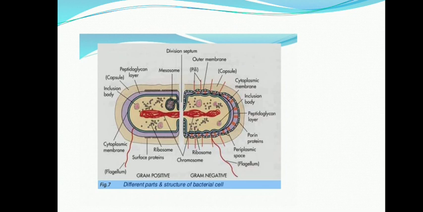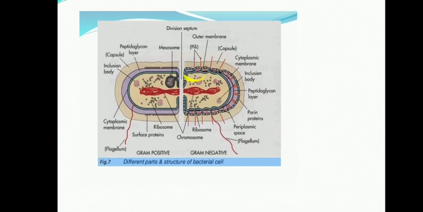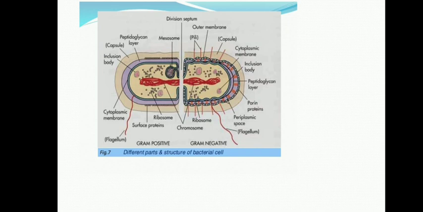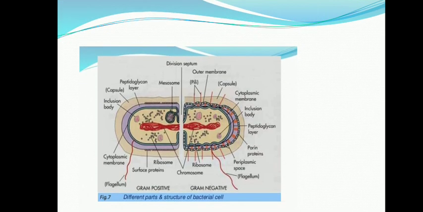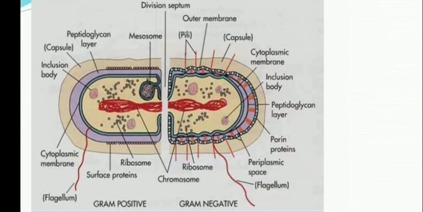Here you can see this red thread-like structure present in the cell wall of the bacteria. The whole cell is covered with such pili, and here you can also see the comparison between pili and flagella. See, this flagellum is longer as compared to the size of pili.